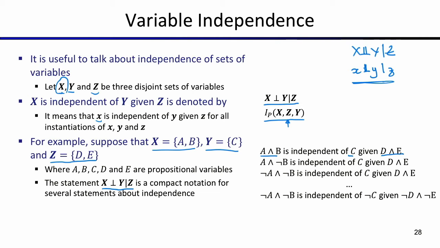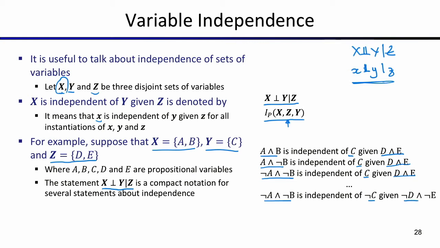We assume that these variables are binary. So we take that a and not b is independent of c given d and e. And we take another possible combination, not a and not b is independent of c given d and e, and we try all possible combinations. So we have to confirm for all possible instantiations that these conditional independences are true. We end with not a and not b is independent of not c given not d and not e.